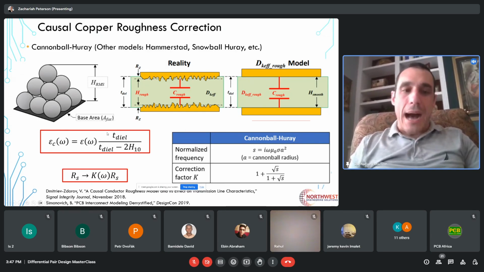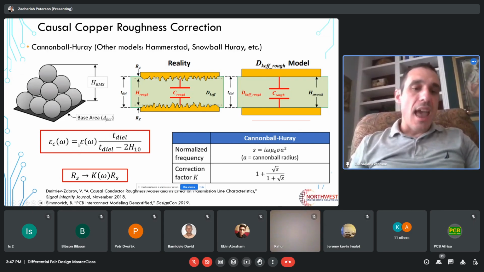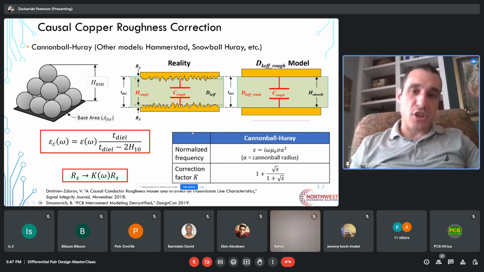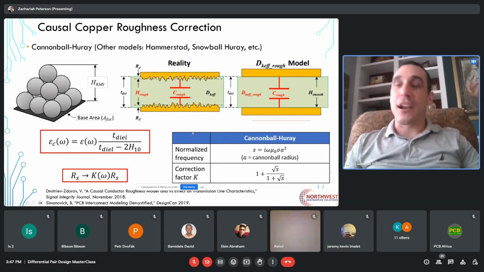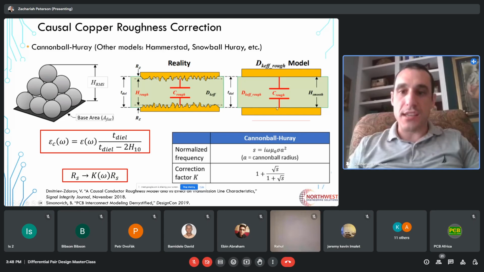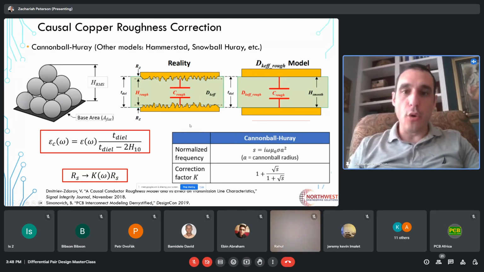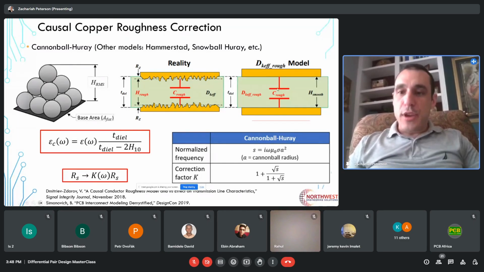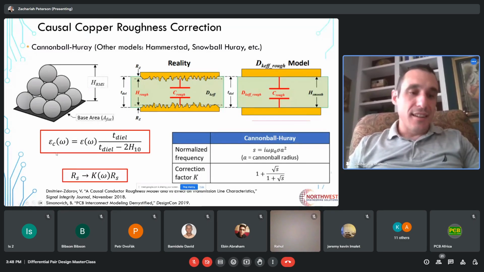Also, you actually have a modification of the dielectric constant, and that causes a modification of the actual loss tangent, or the dielectric losses experienced by a signal traveling through this dielectric. So here we have essentially a corrected dielectric constant, and it can be approximated based on this 10-point roughness value.